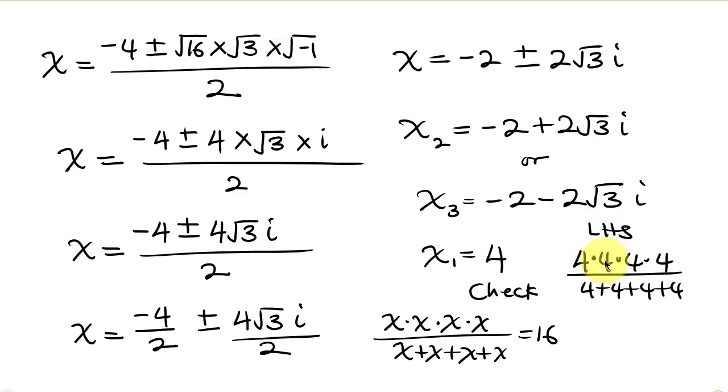So 4 times 4 times 4 times 4, that is 256, right? Now divided by 4 plus 4 plus 4 plus 4, that is 16. So 256 divided by 16 is actually 16. So our solution for x equal to 4 is very much correct.